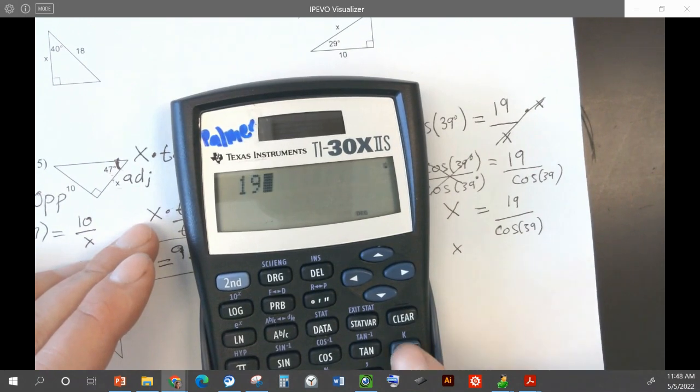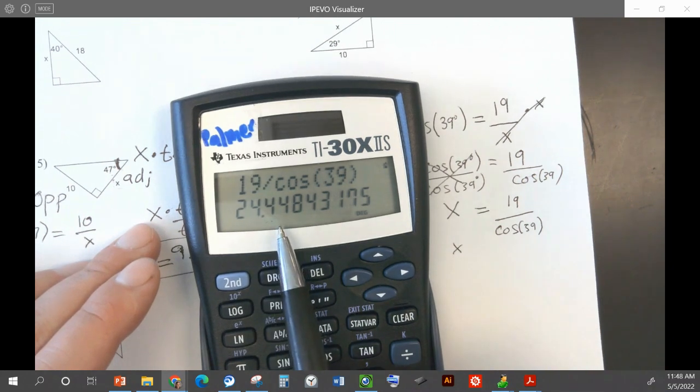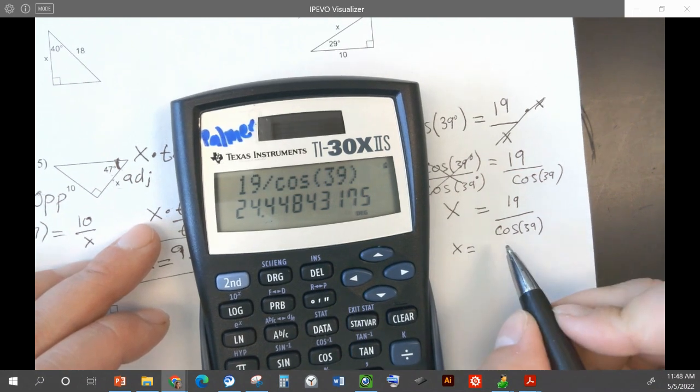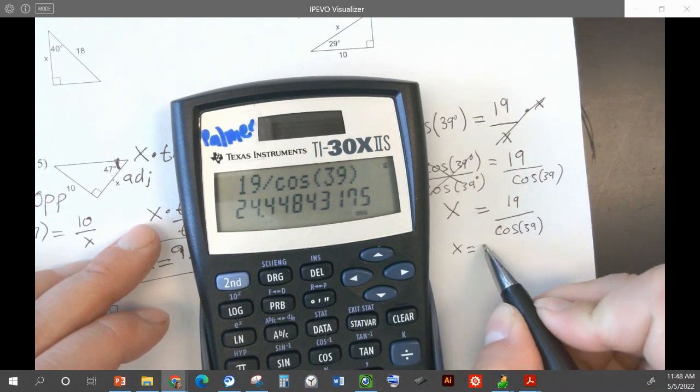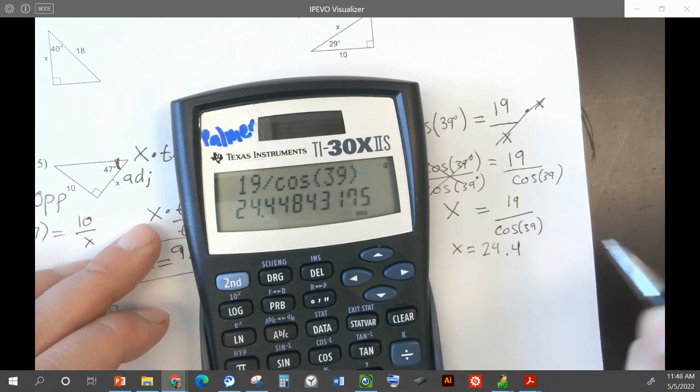So 19 divided by cosine of 39, end parenthesis, gives us, and then we go to our hundredths. 4 is less than 5. So what should we round this to? I think I heard it, 24.4. You agree with that?